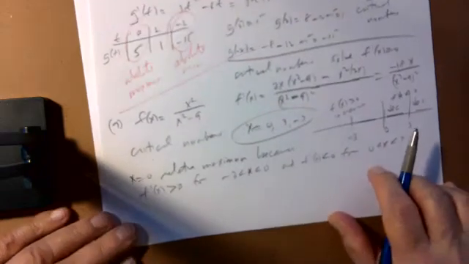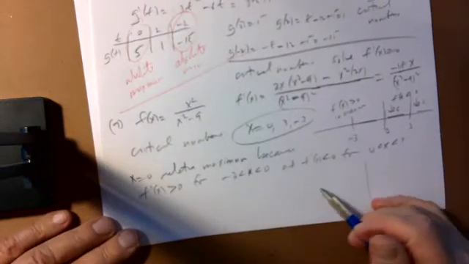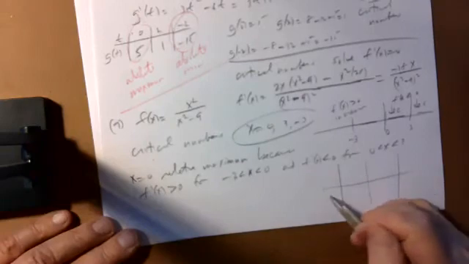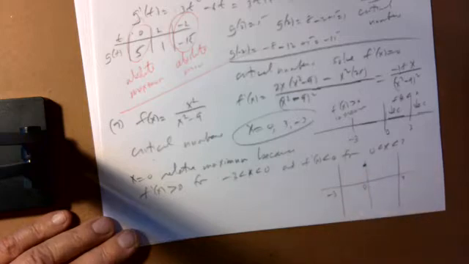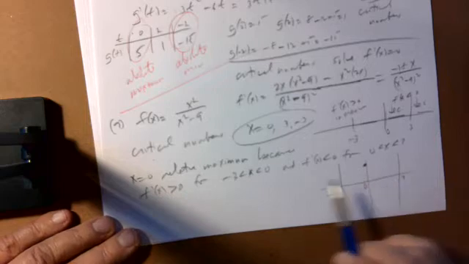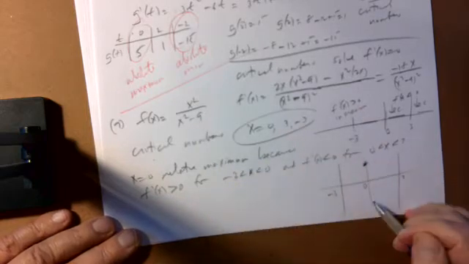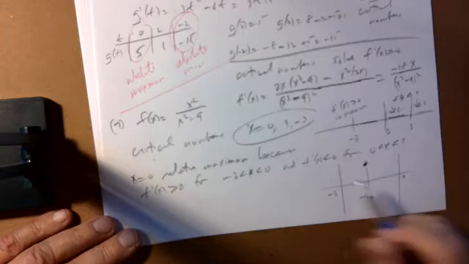I mean, if we try to graph this function, you have vertical asymptotes at -3 and +3. At x equals 0, it takes the value, sorry, at x equals 0, it takes the value -9.